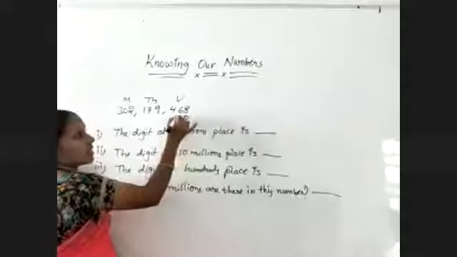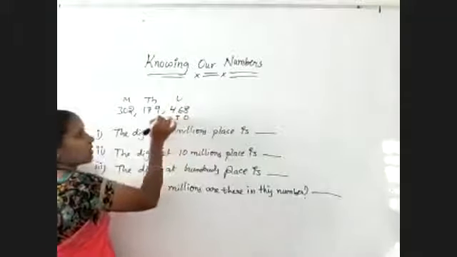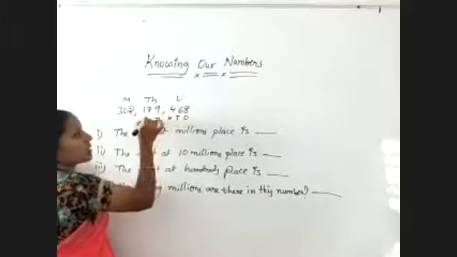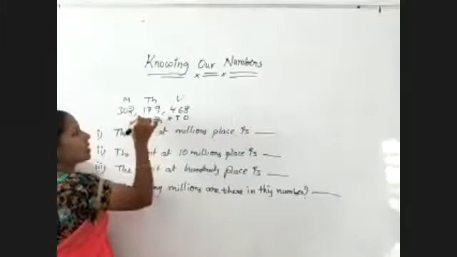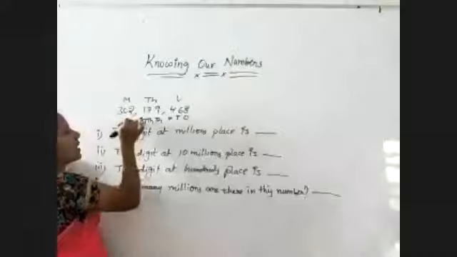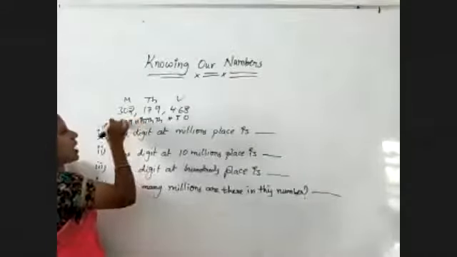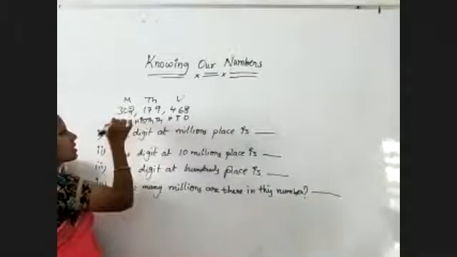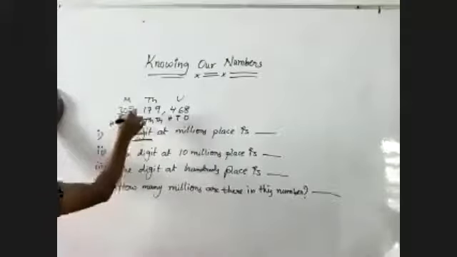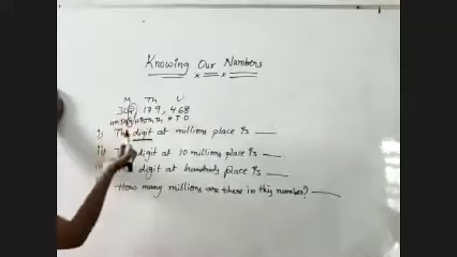So 1, 10, 100, 1000, 10,000, 100,000, and million, 10 million, 100 million. Now, which is in the millions place?